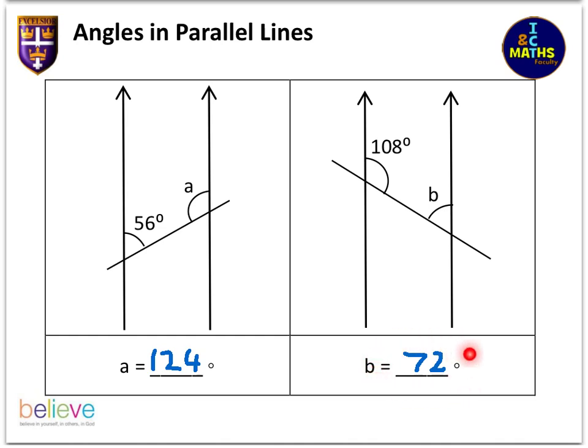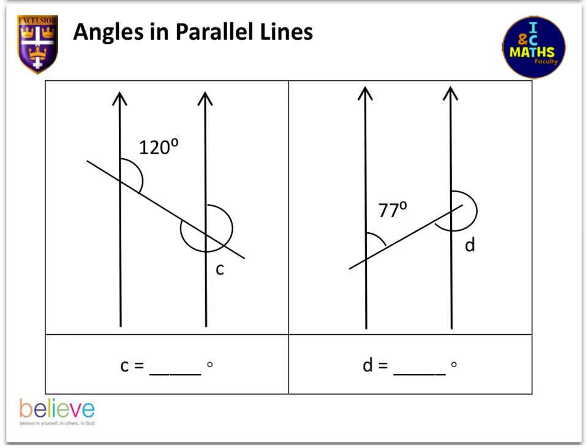Just notice here that my answer for the size of angle B is 72 degrees. It's not three figures because it's not a bearing. If I was interested in finding a bearing, remember I always have to measure clockwise from north. So 72 degrees is just telling me about the size of the angle of B.